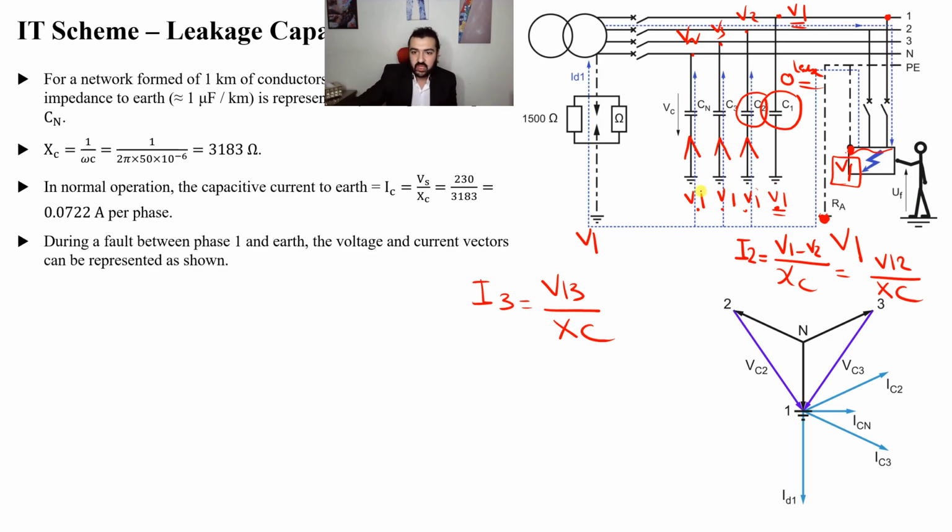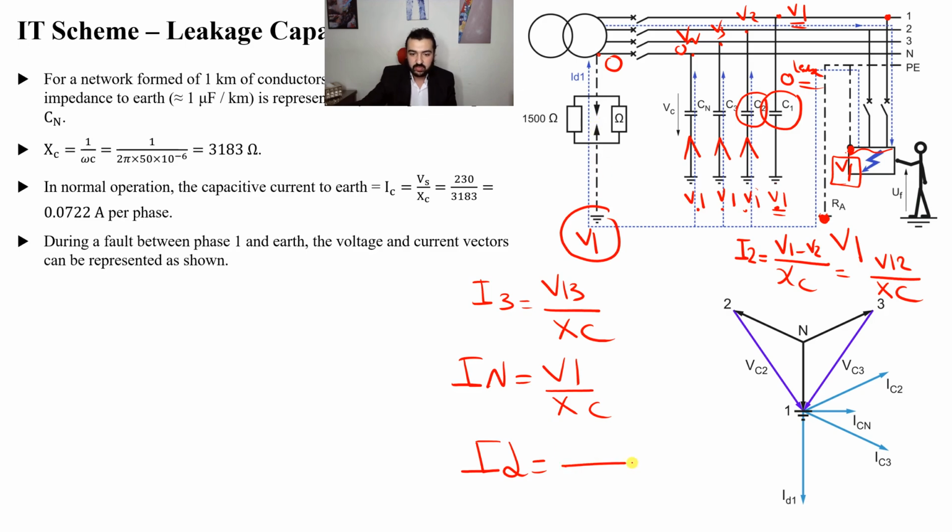For the neutral, V1 minus V neutral, which is 0, so I neutral will be V1 over XC. For the large impedance, I D, flowing through it, will be V1 minus 0 divided by 1500 ohms.